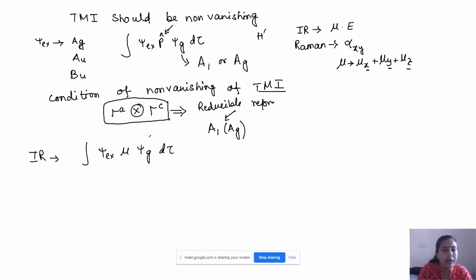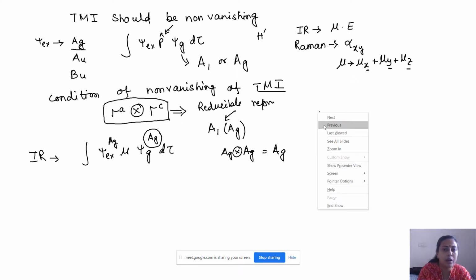As I have already told you, this is always of the Ag symmetry. Now first let me find out whether Ag is an IR active mode or inactive mode. So in the excited state, I would write Ag. Now Ag into Ag, the direct product will always give me Ag.